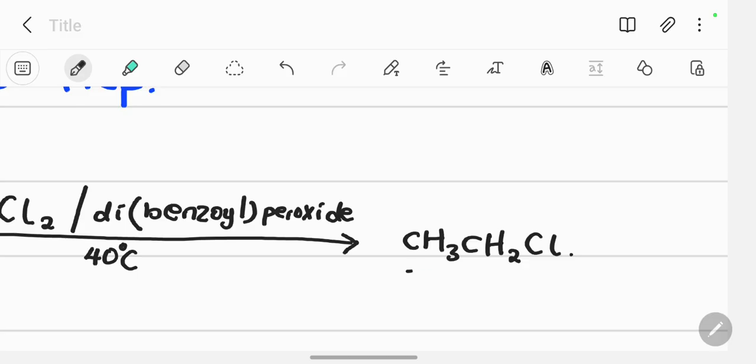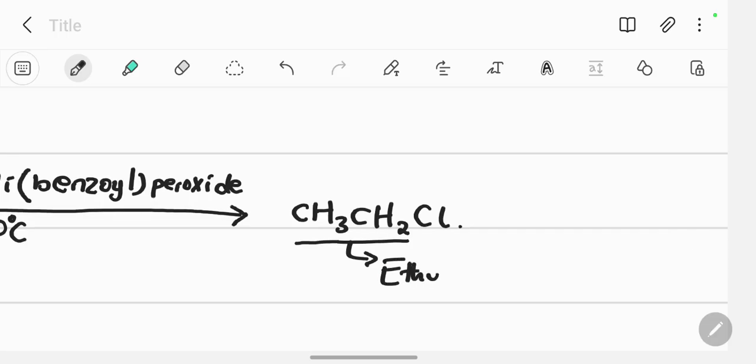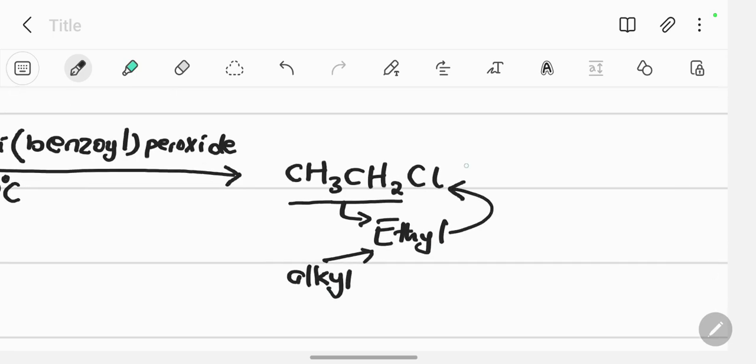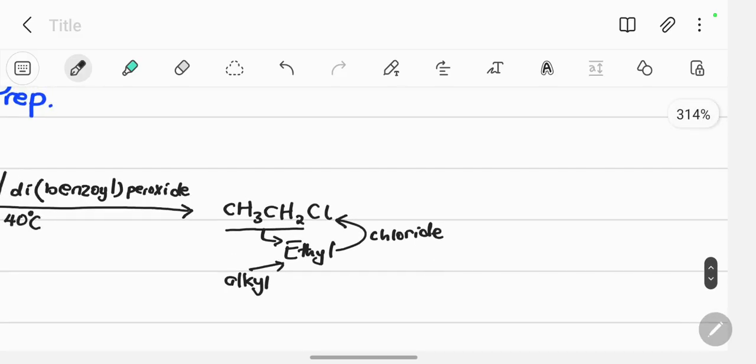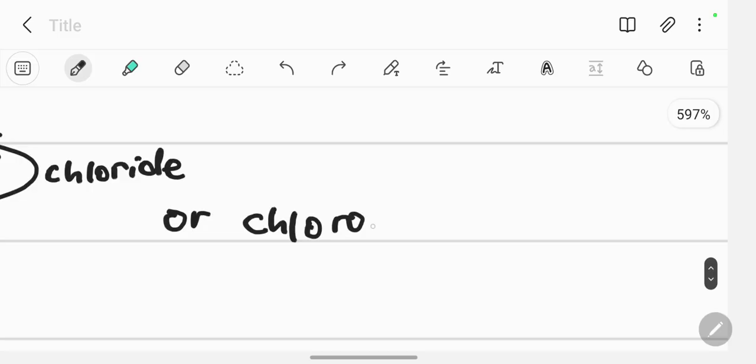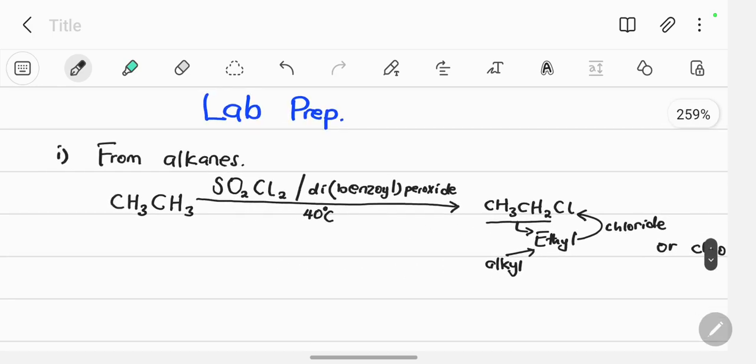You can either begin with the alkyl group, which is ethyl chloride, ethyl from the word alkyl, then chloride, so ethyl chloride, or you begin with the halogen, so you can say chloroethane. So you're not limited. That is it.